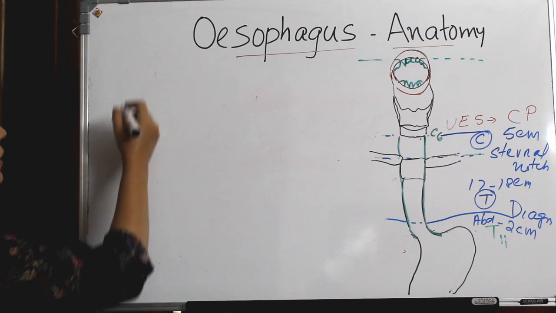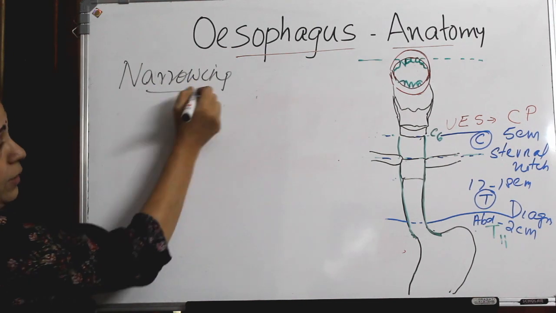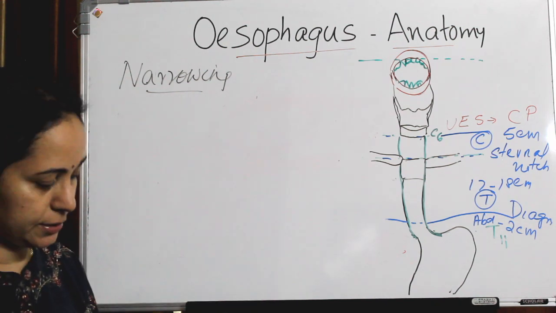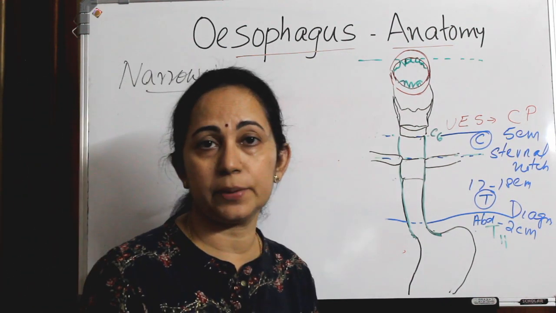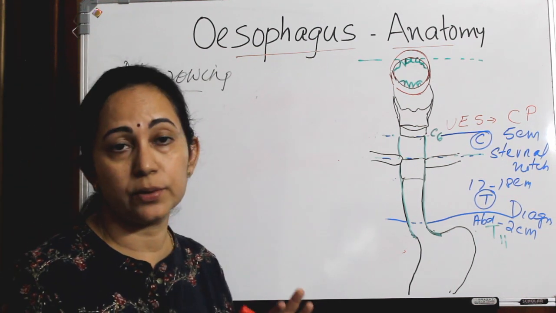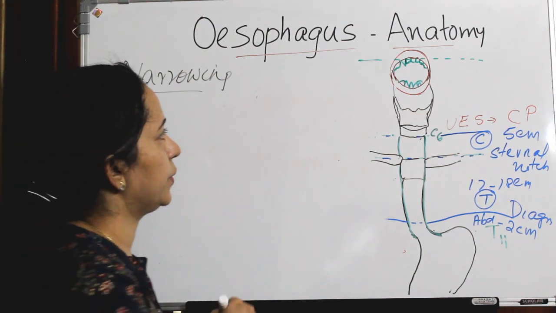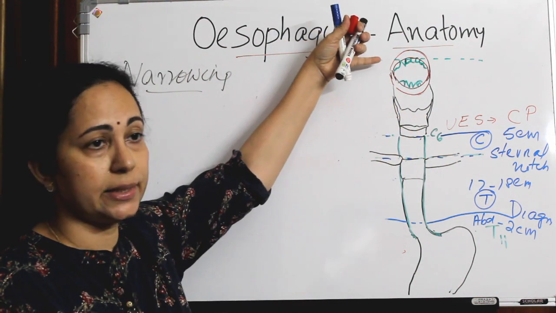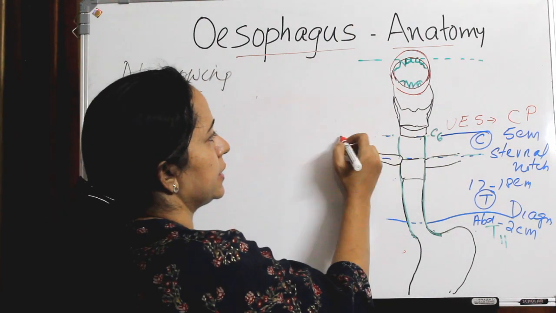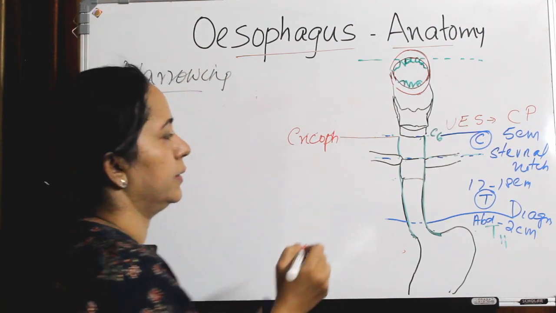The next is narrowing and curves. Every one of us knows that there are 4 classical or anatomical constrictions in the esophagus and 3 other constrictions which happen more during diseases. You should remember the 4 classical constrictions. In all these we take the distance from the upper incisors. The first one is at the cricopharynx.